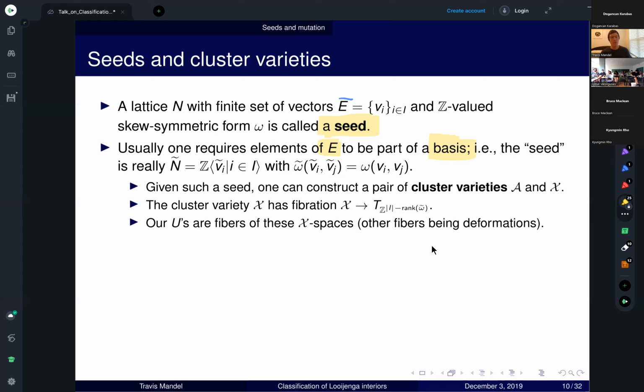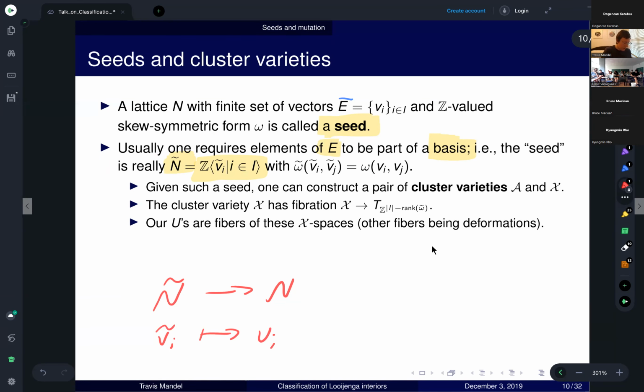So this doesn't quite fit the way one would normally define a seed. The thing that people would normally call a seed, you would get like this. You take the lattice freely generated by these VIs, call the generators VI tilde, in this lattice, call this lattice N tilde. Then there's a natural map from N tilde to N, given by VI tilde maps to VI.